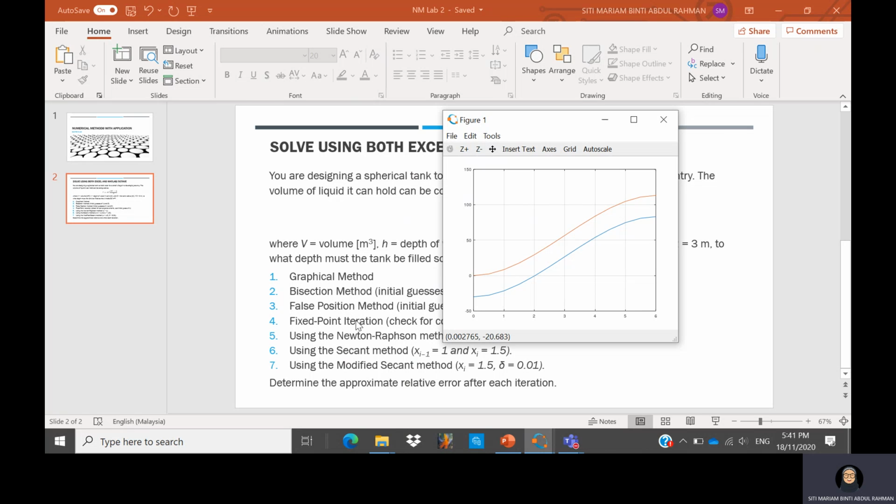When you're using an open method, the rule is to use a value which is close enough to the root. So if you use 1, for example, it is good enough, or you can use a value which is after the root, so 3. It depends on your problem and how you go about gathering the initial guesses.